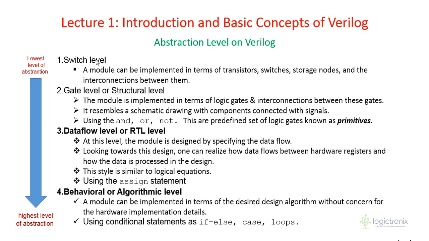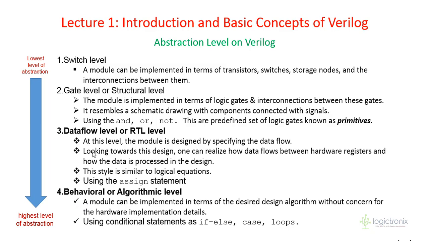And if we talk about the abstraction level, abstraction is like hiding information. So that is the main logic of abstraction. Switch level is the lowest level of abstraction, and the behavioral level gives the highest level of abstraction. Abstraction just hides the information.